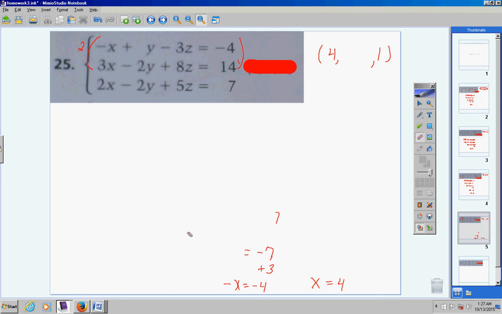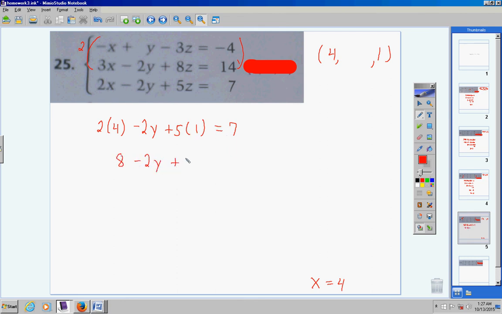So I'm going to use, I guess this bottom equation here works pretty good for me. So 2 times x, 2 times 4, -2y, then a +5, and then z is 1 equals 7. 2 times 4 is 8. Bring down your -2y. 5 times 1 is 5. Bring down your equals 7.